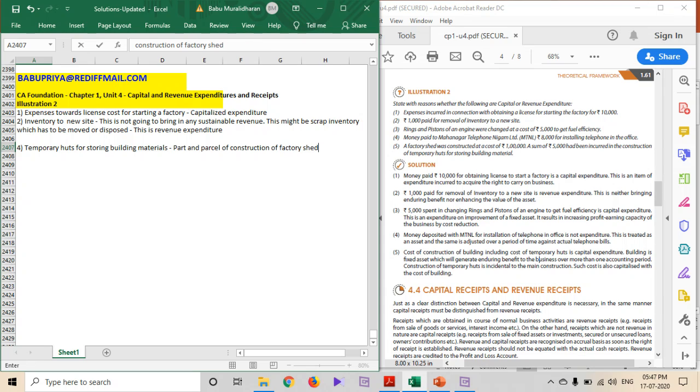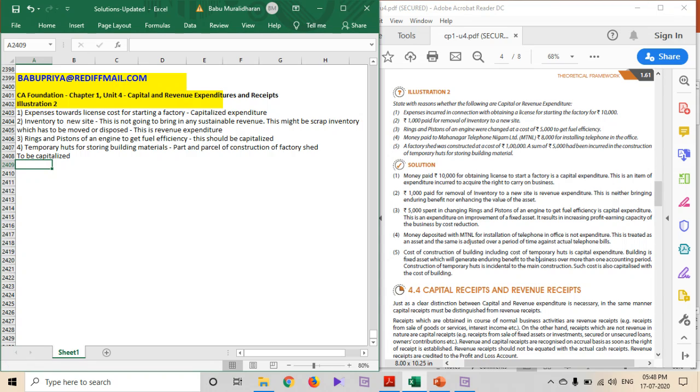Without safeguarding the building materials, the factory shed cannot be completed, right? Because the materials have to be kept safe. So the temporary shed constructed for storing building materials is to be capitalized. Right? So hope this is clear.